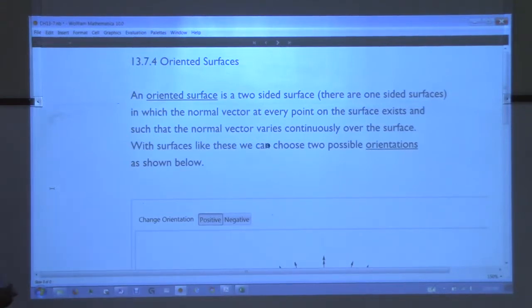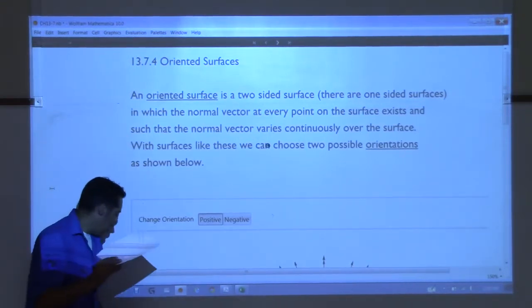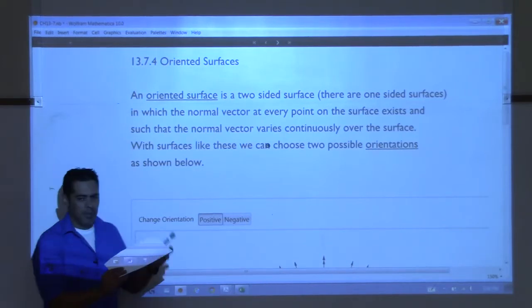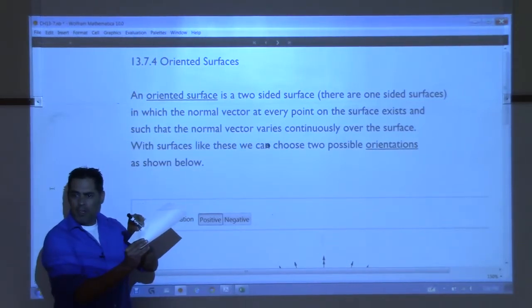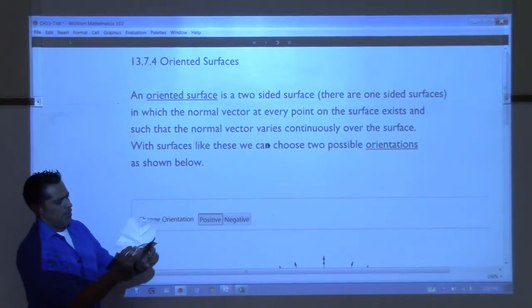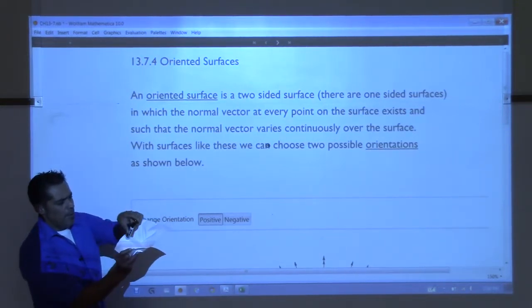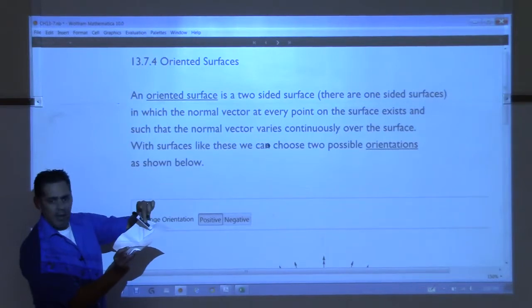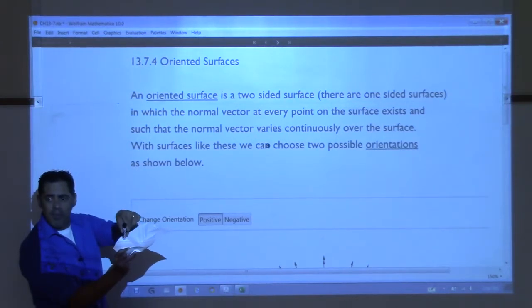To say it's an oriented surface means that if I take the normal vector, remember the normal vector is going to be orthogonal or perpendicular to the surface. So if this thing's waving around like that, then at every point there is some normal vector. It changes, but there's a normal vector.